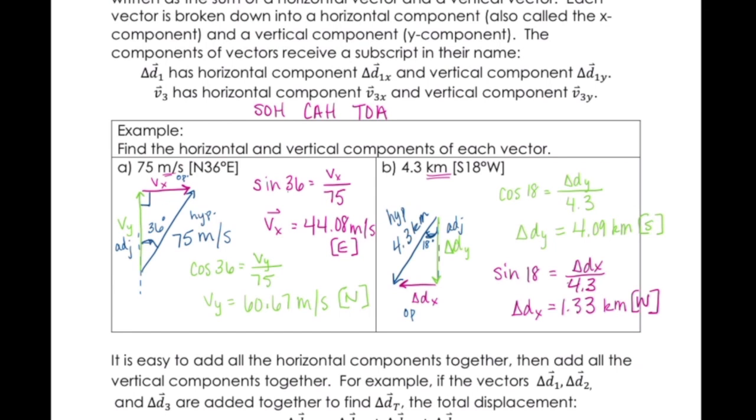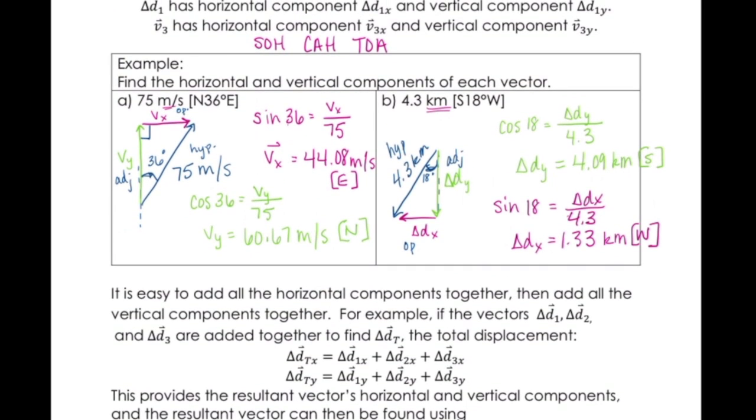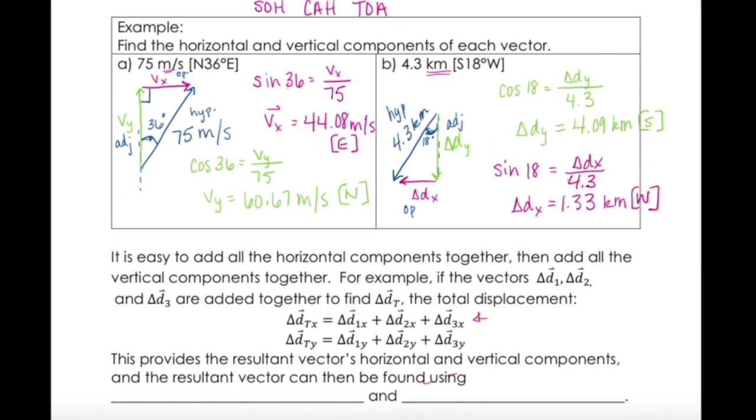Okay, so it's easy to add all the horizontal components together, then I'll add all the vertical components. So for example, if the vectors d1 and d2 and d3 are added together to find the total displacement, it would look like this. We would separate out the horizontal, which would be the dx, and then the vertical.